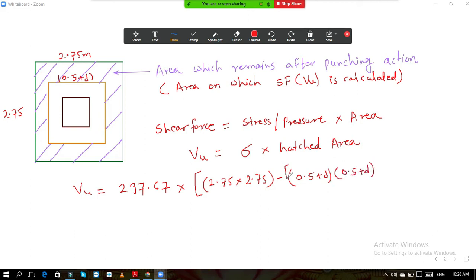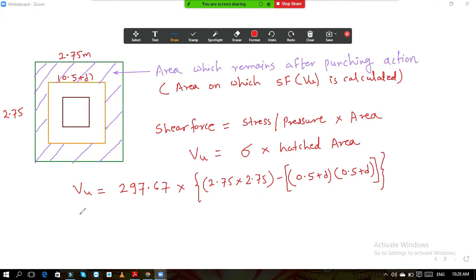Here one more bracket we need to put, and now I will put a big bracket. So this is our equation in terms of d.